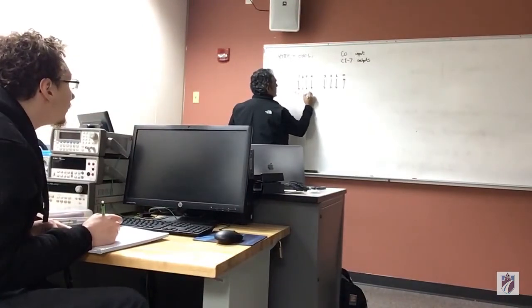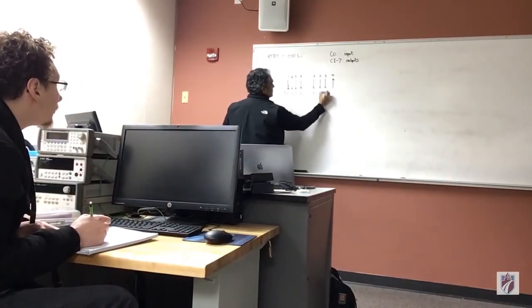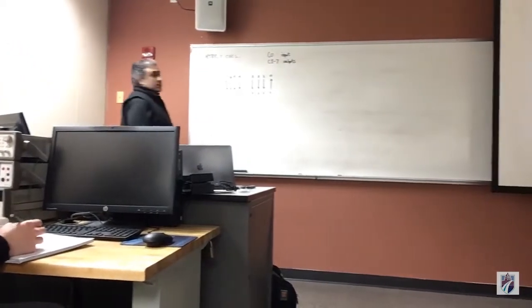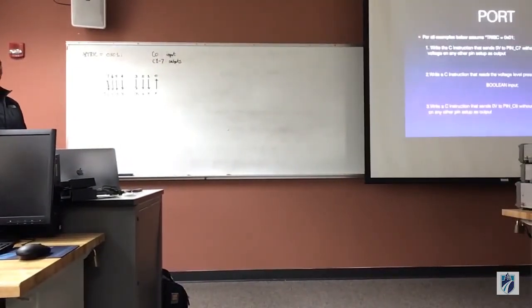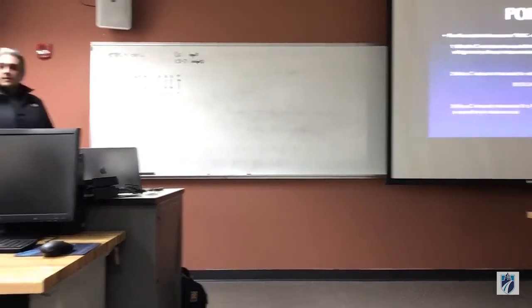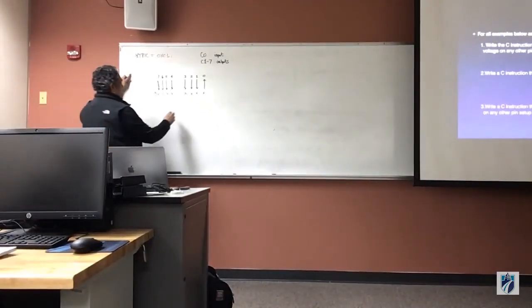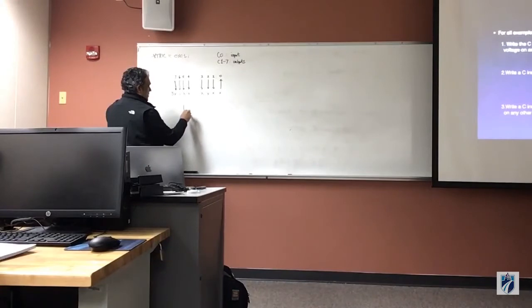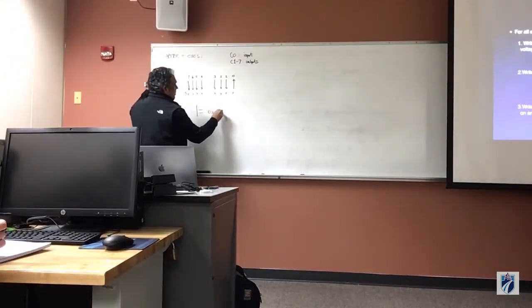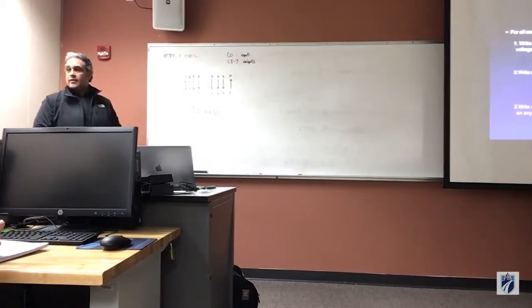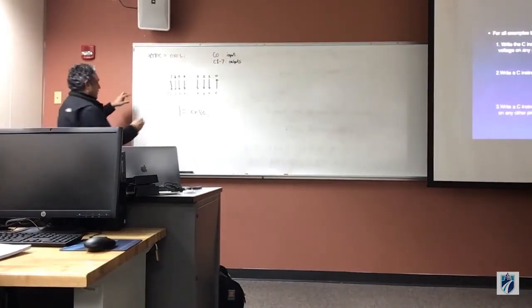But I don't want to mess with this. I want all these guys to be unaffected. What is the circuit that delivers 5 volts? Yes? You do 0x, or you do OR, and 0x80. Yes, 0x80. What's the circuit that we use for that, though? Port C. Very good.